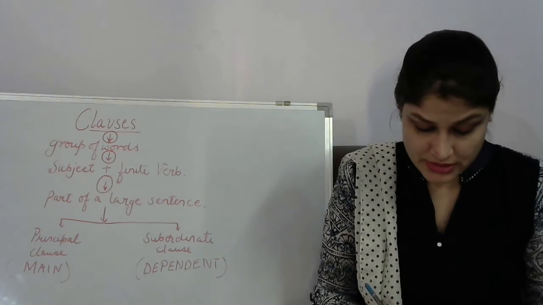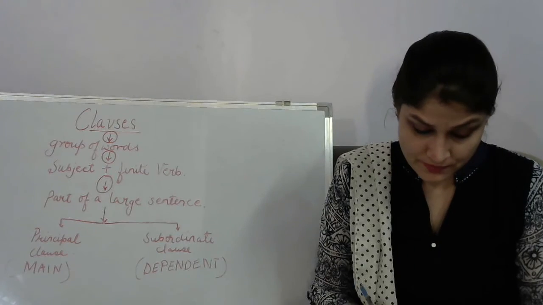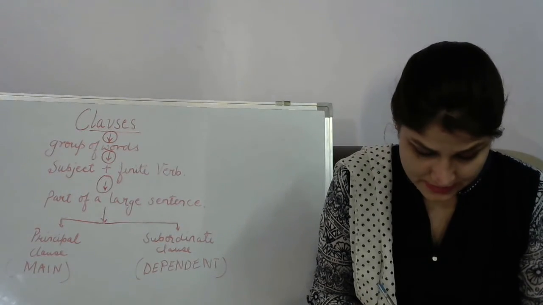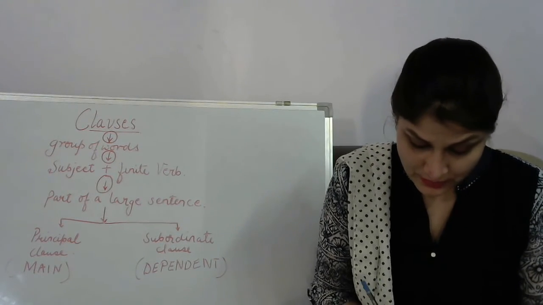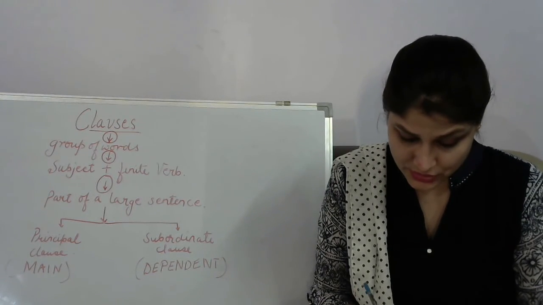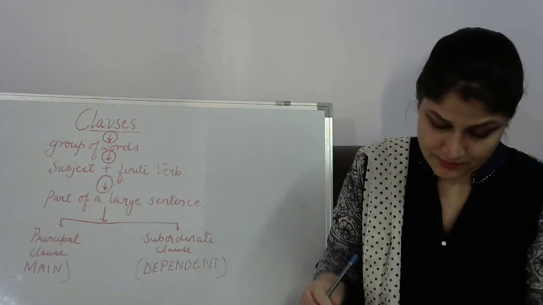Number 1, the train goes to Mangalore. The train comes at 9 p.m. The train that goes to Mangalore, cut the second, the train comes at 9 p.m.